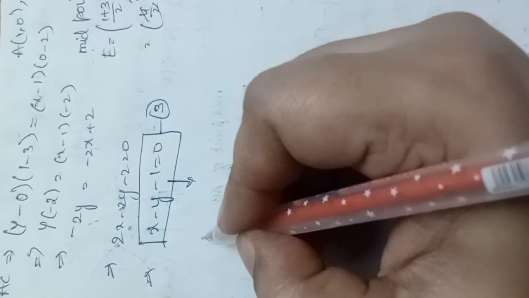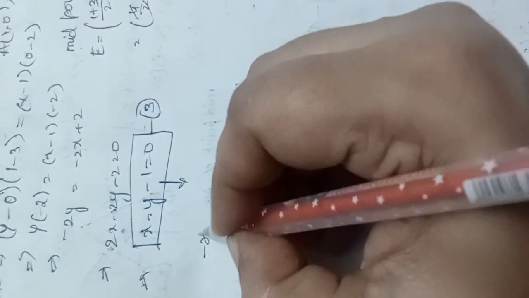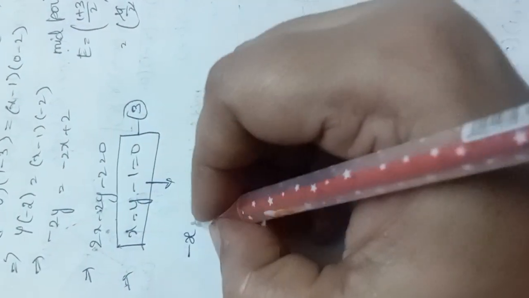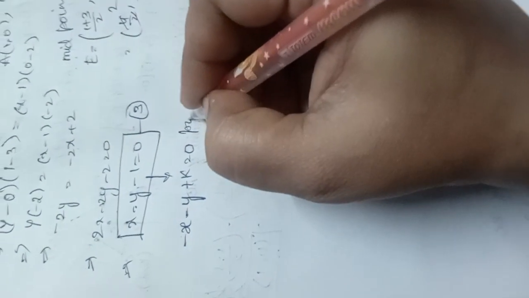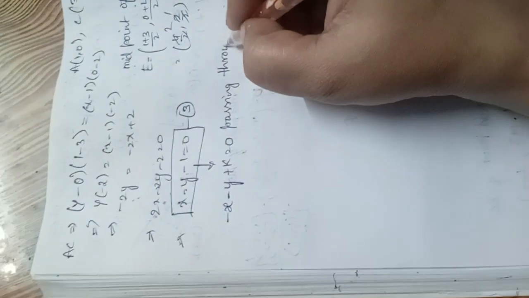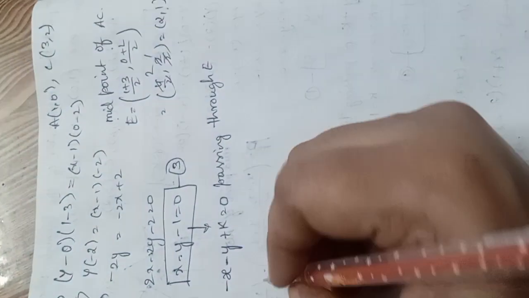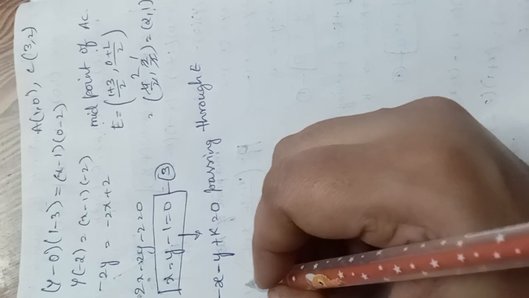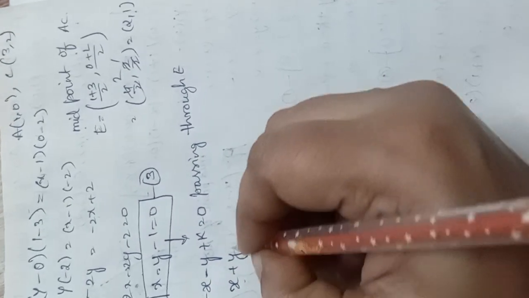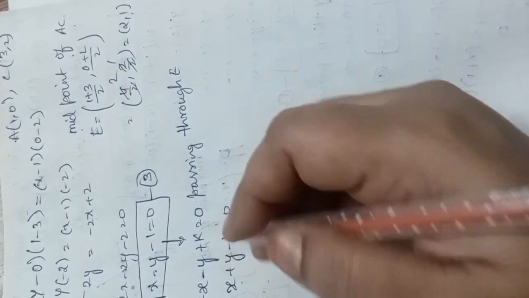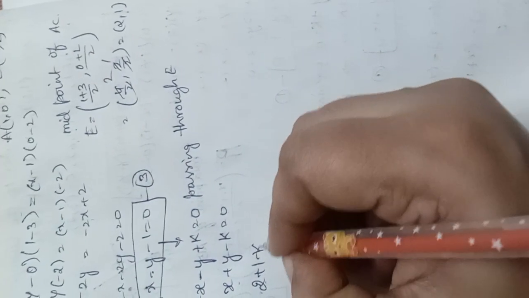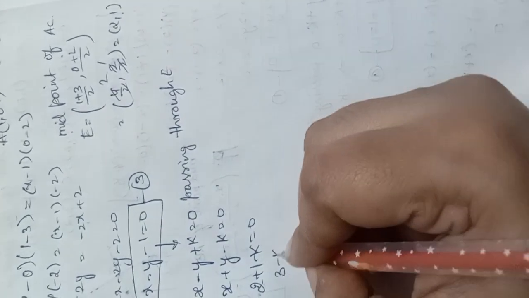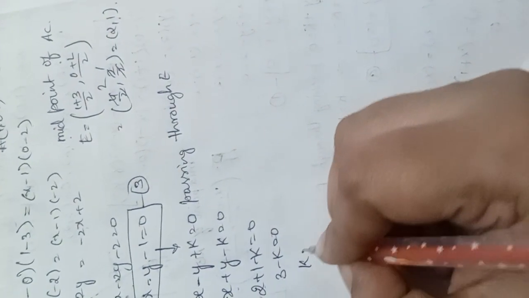We can take bx minus ay plus k equal to 0, passing through E. Now substitute the value of E, 2 and 1: 2 plus 1 minus k equals 0. 3 minus k equals 0, k equals 3.